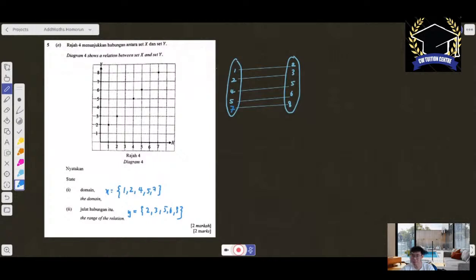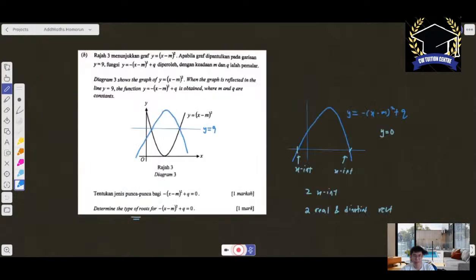How to describe in BM? Okay, mempunyai dua punca nyata. Mempunyai dua punca nyata dan berbeza.